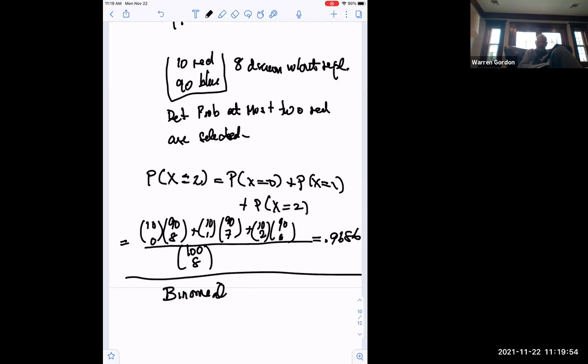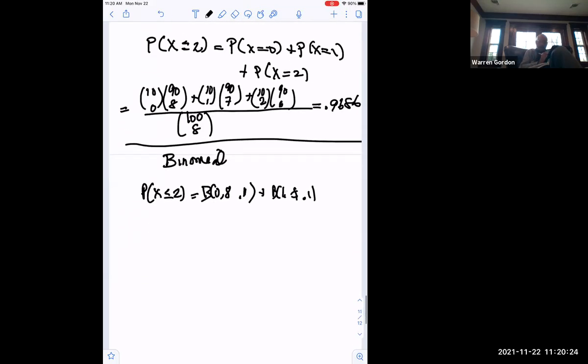Okay, so if we did it by a binomial, the probability that X is less than or equal to 2 would be B(0; 8, 0.1) plus B(1; 8, 0.1) plus B(2; 8, 0.1), remember 1/10 is the probability of the success.